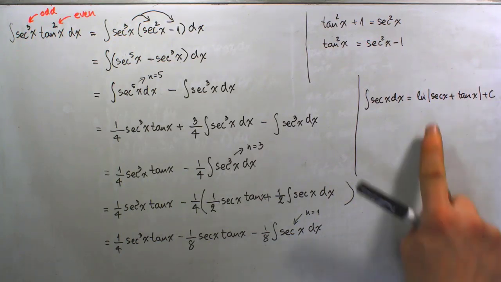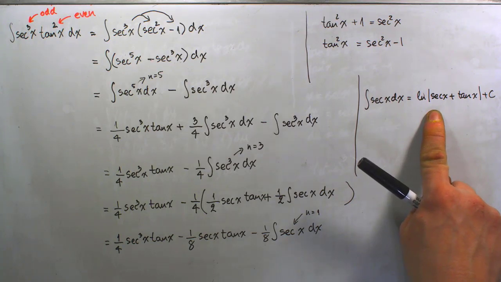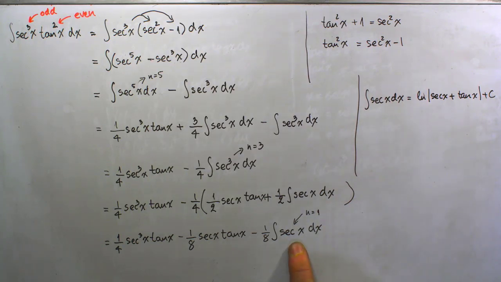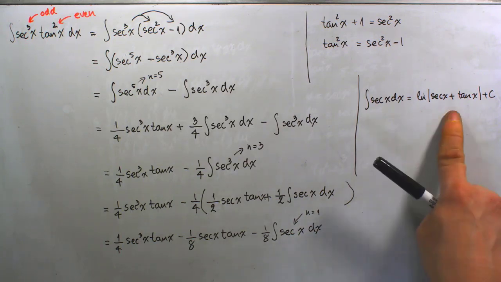So we can use this result that was learned previously and substitute it for the integral of secant of x, as this is the answer to that.